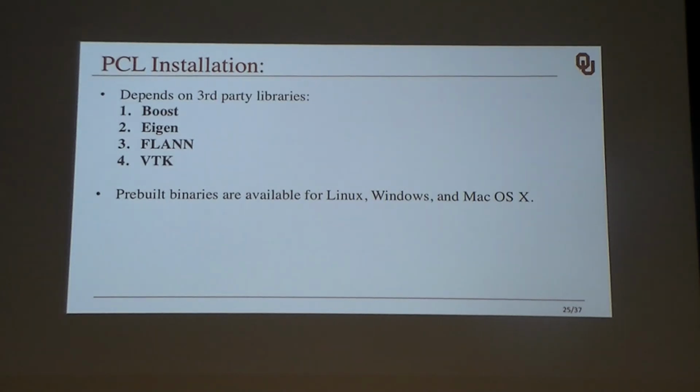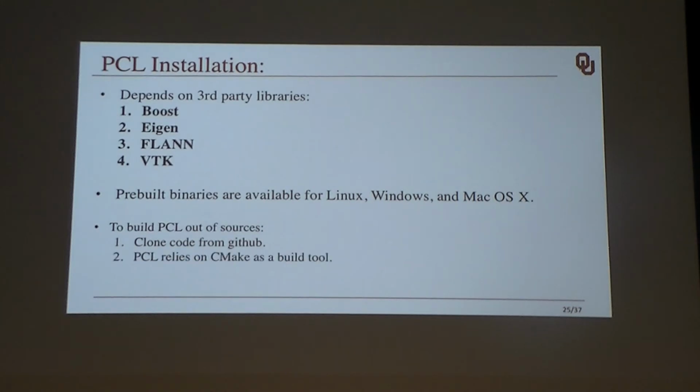But if you build it from source, you have all the options to check in or check out. To build it from source, which is recommended for us as developers, first clone the code from GitHub, and second, PCL relies on CMake. CMake is a tool for C++ to make the configuration and build the library.